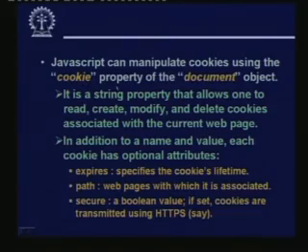Now, the cookie property is basically a string. This property is nothing but a string which allows a JavaScript code to read, write, modify and delete the so called cookies associated with the current web page. Now, a cookie has a number of properties. A cookie will have a name and a value.